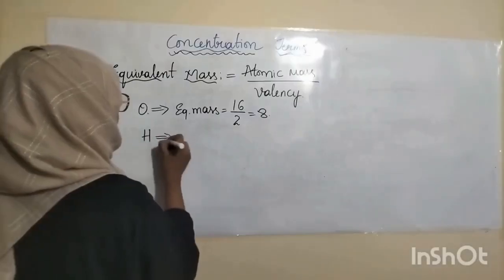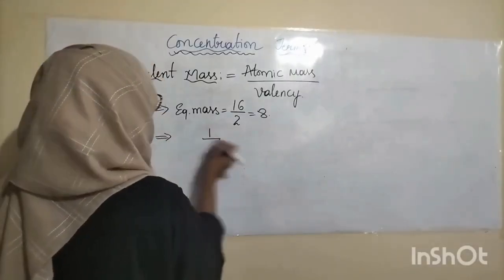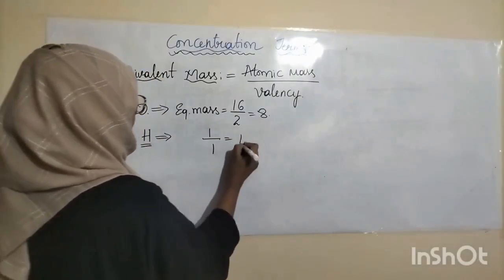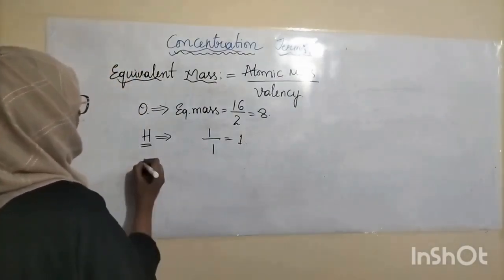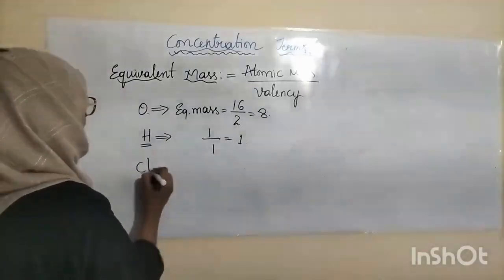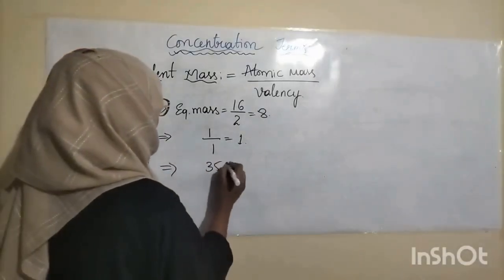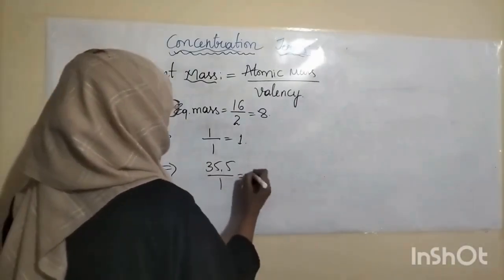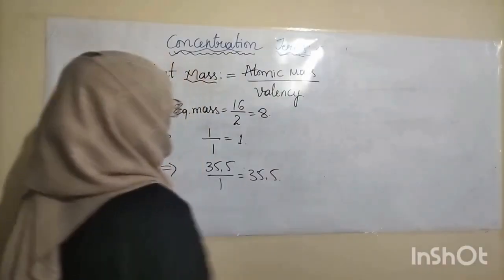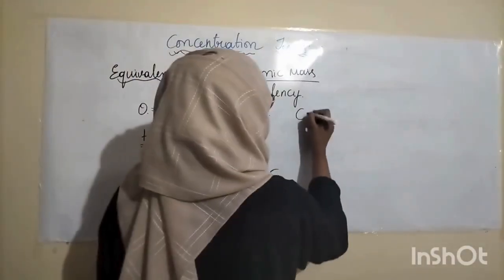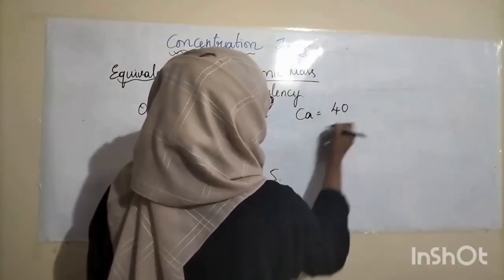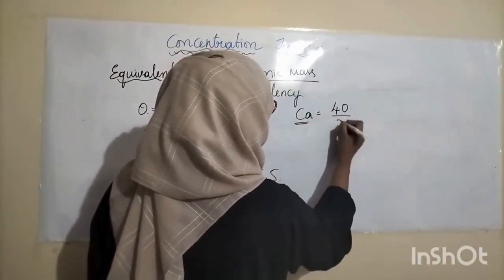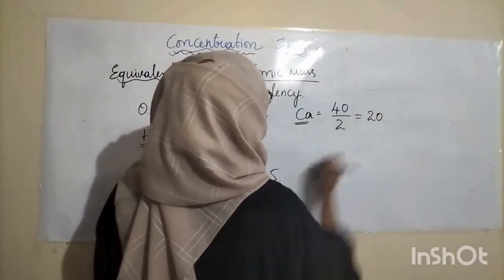For hydrogen, the atomic mass is 1, the valency of hydrogen is 1, and it comes to 1. For chlorine, it is 35.5 and its valency is 1, so it is 35.5. Similarly, calcium, 40 is its atomic mass, its valency is 2 and it gives us 20.